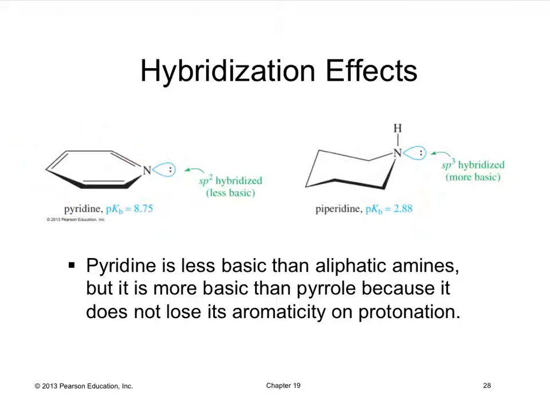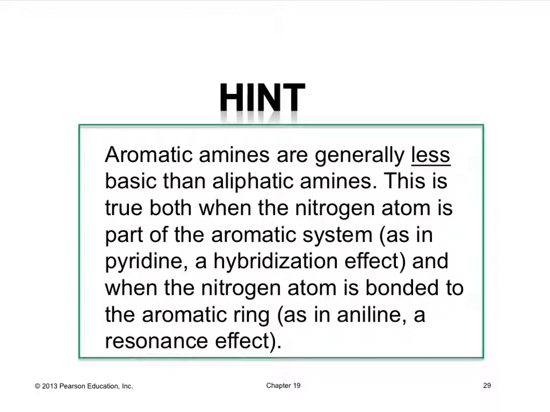As a result, it doesn't lose its aromaticity upon protonation. So in general, aromatic amines are less basic than aliphatic amines. This is true both when the nitrogen atom is part of the aromatic system, as in pyridine, and when the nitrogen is bonded to the aromatic ring, as in aniline.